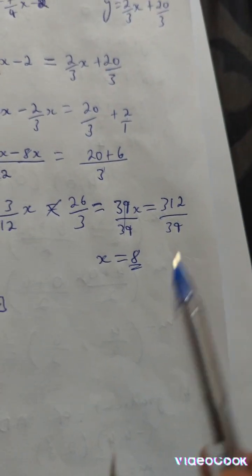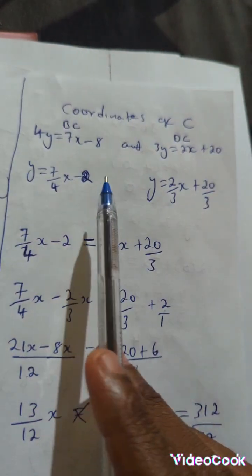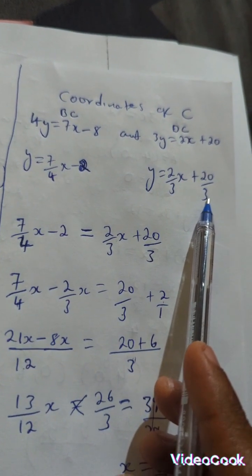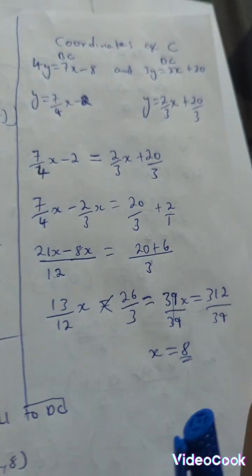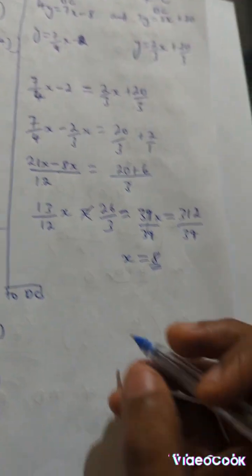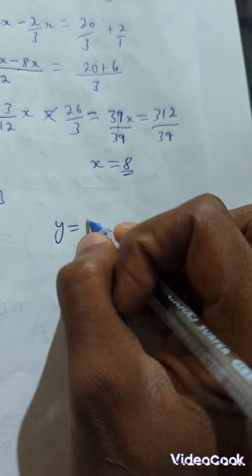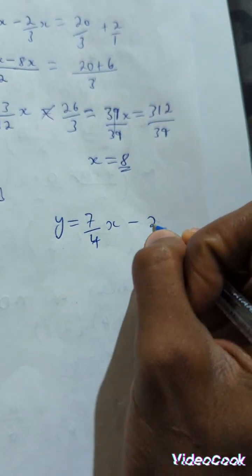Now what is the value of y? So for the value of y, you can use any equation that you want. You can go with this, you go with this, the answer has to be one and the same. But me, I'm going to go with this. So I'm going to write my equation. y is equals to 7/4 x minus 2.